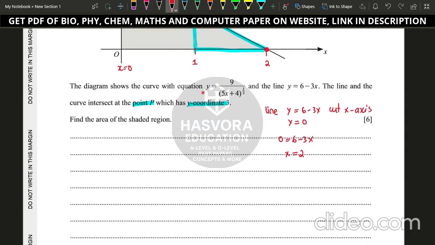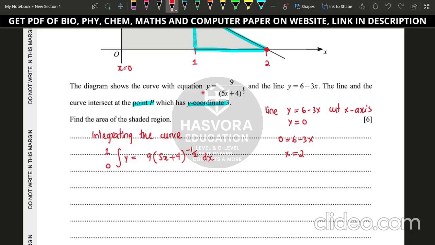First of all, integrating the curve. So y equals 9, and you can shift the denominator upwards, so it becomes 5x plus 4 to the power minus half, with respect to dx, and the limits are from 1 to 0.